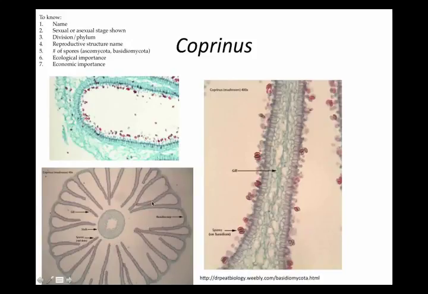So this is a zoomed out version. Basidiomycota only have sexual stages of life. They don't reproduce asexually. So this is all sexual reproduction. And what you're going to notice, the Basidiomycota have basidia, which are like these kind of club-looking things.